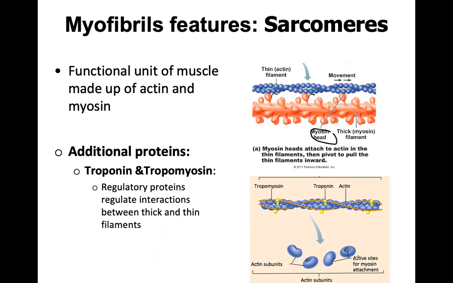Now, the myosin head wants to interact with the actin, and the way it does that, if you think about the blue line being your actin, it's made up of individual subunits, and these subunits have a little gap inside of them. And these little gaps, this little indentation, are identified as the myosin binding site of actin.